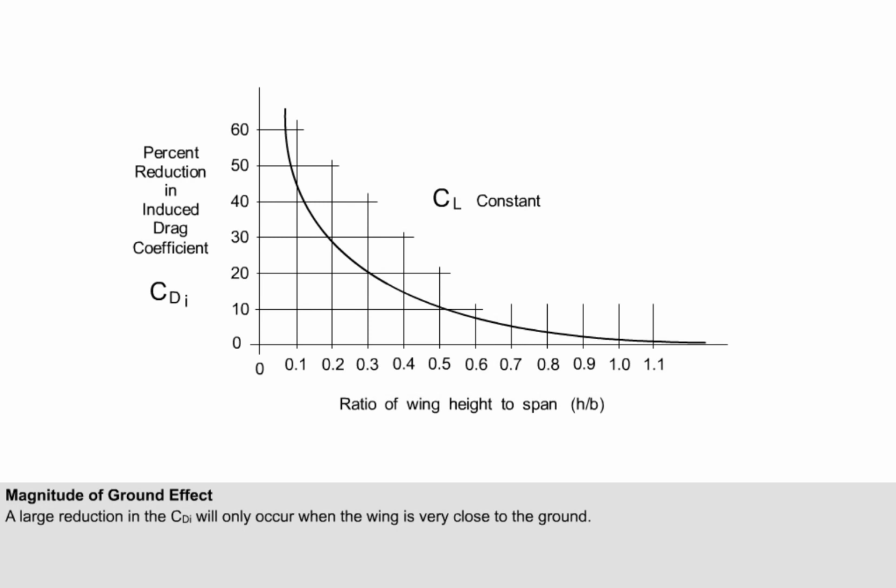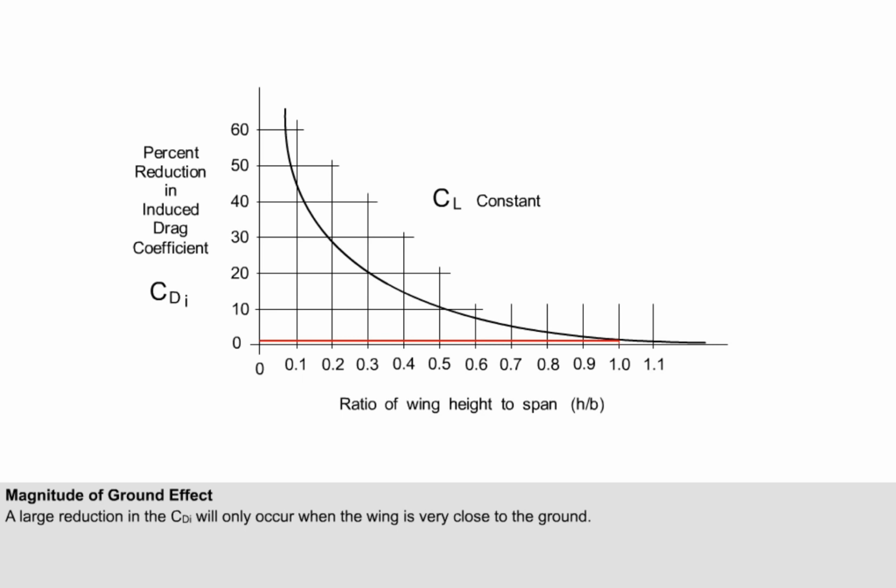If we take a few examples from the graph on the screen, which plots reduction in CDI against the ratio of height to wingspan, or h over b, we can see that for an aircraft with a wingspan of 40 meters, or 131 feet, the reduction in CDI is only about 1.5% at a height of 40 meters.